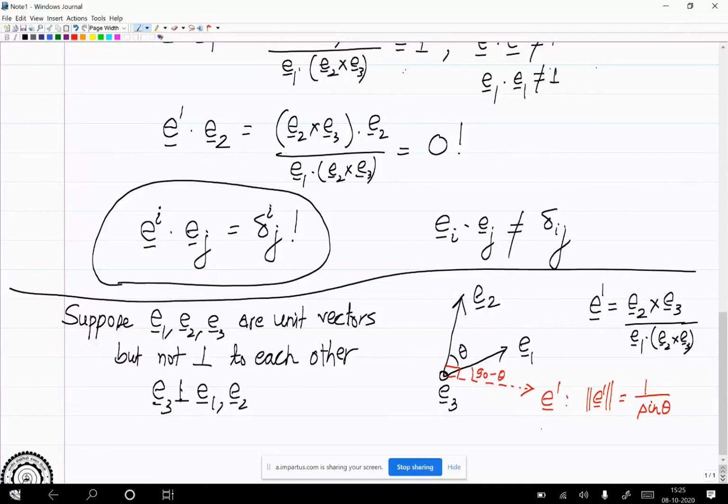Likewise, can you see where E super 2 is? E super 2 will be perpendicular to E1, but in this plane itself. So E super 2 is going to be like this.